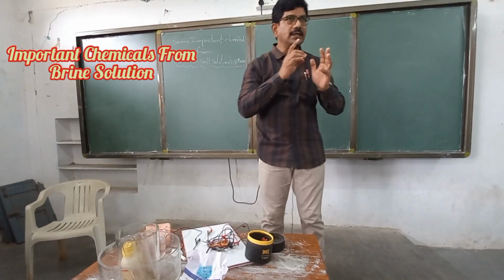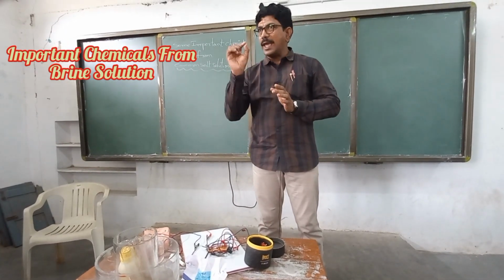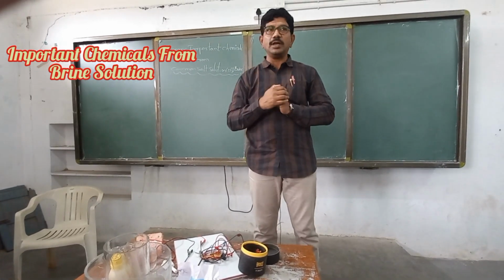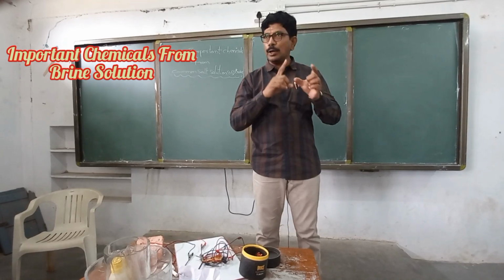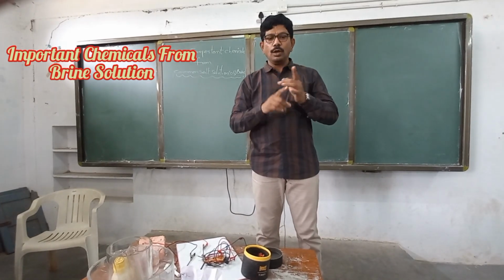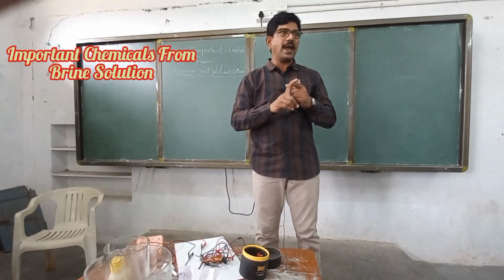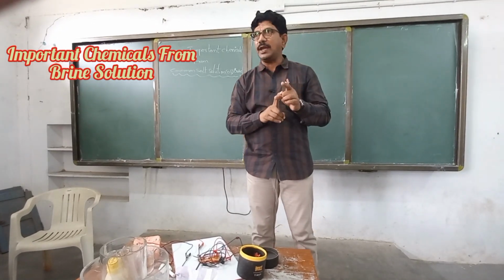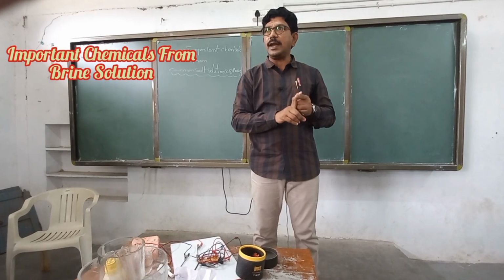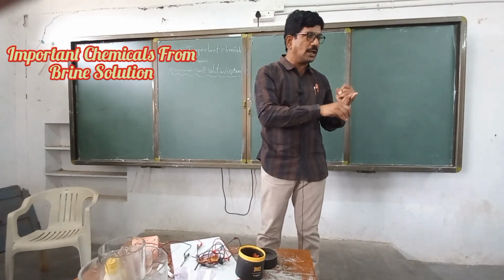When current is passed through the brine solution, it gives alkali, chlorine and hydrogen. Chloro means chlorine gas and alkali means a base. A base is obtained and chlorine gas is liberated. At the same time hydrogen gas is also liberated.